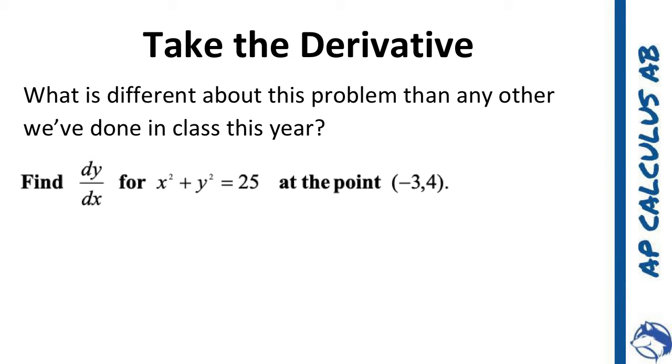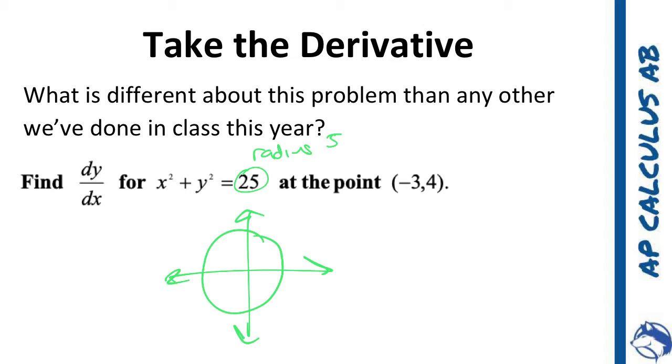So hopefully you're noticing that there's something different about this one. Normally up to this point, we've only had y's on one side and x's on the other. But this one is not a function. This is actually a circle. And the reason why it's not a function is because if I were to graph any circle, say it's like this, because I know that this is going to end up being a radius of 5, the reason why this isn't a function is if I were to draw a vertical line, it does not pass the vertical line test.